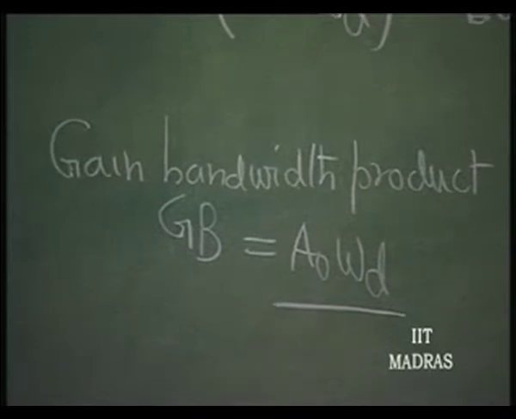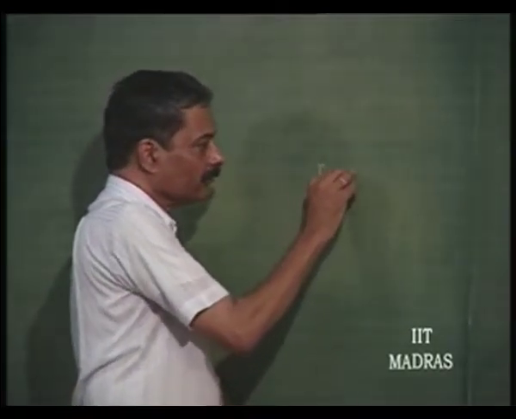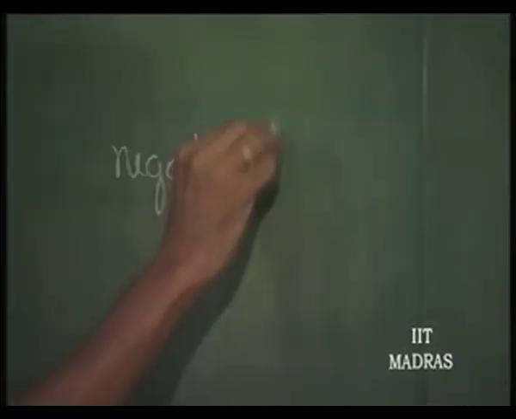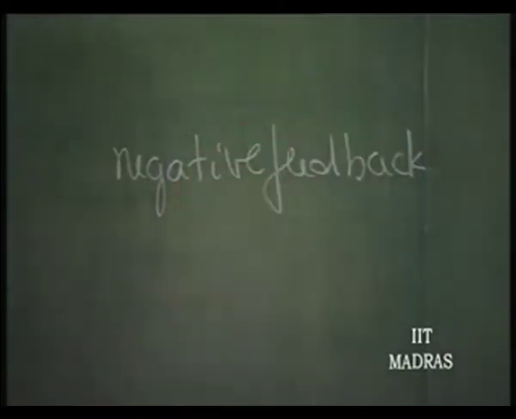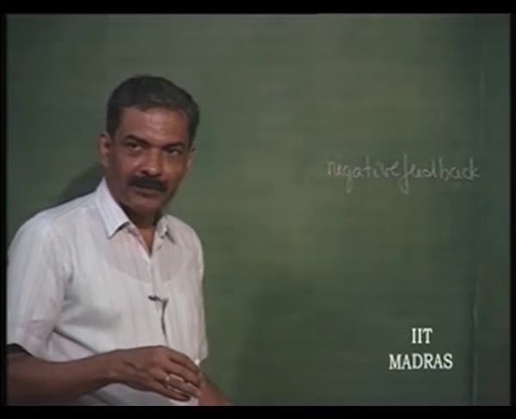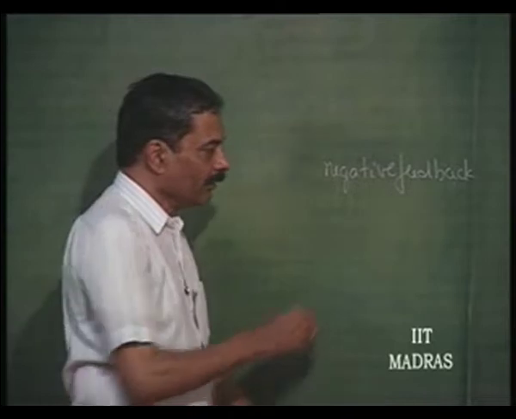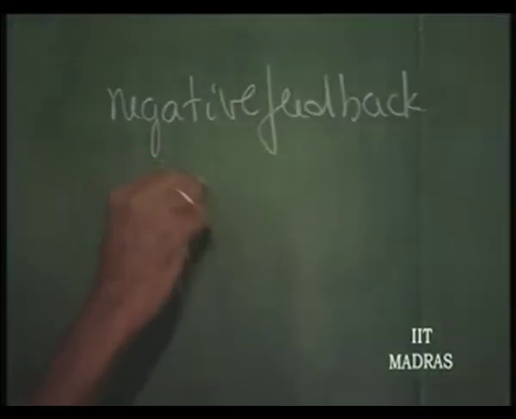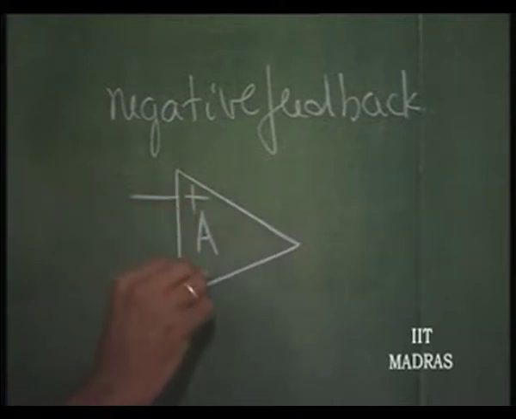Why? Because if I use this in a negative feedback configuration, in order to desensitize the gain with respect to the active parameter A naught and omega d, then let us say this is my amplifier with the gain A, and I will use it with negative feedback.